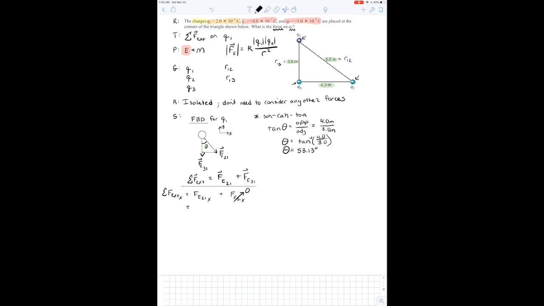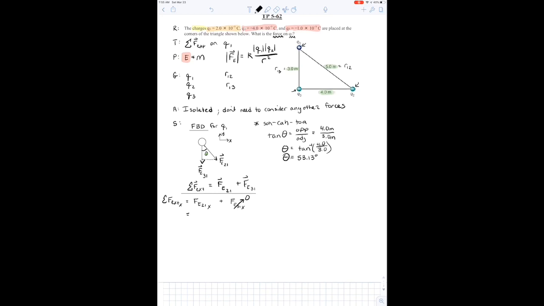And so I can resolve that out by now applying my equation for electrostatic force. So Coulomb's constant times the magnitude of charge 2 times the magnitude of charge 1, all divided by the distance r_12, so the distance between the two squared.